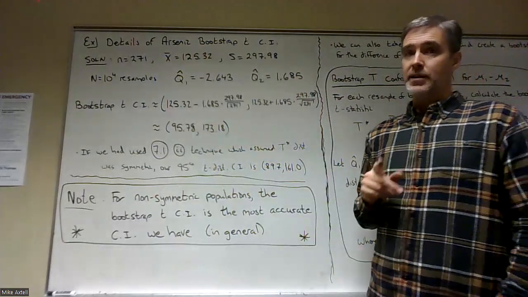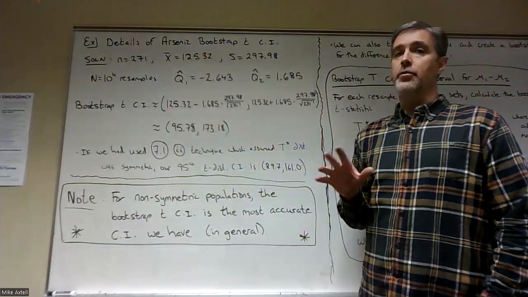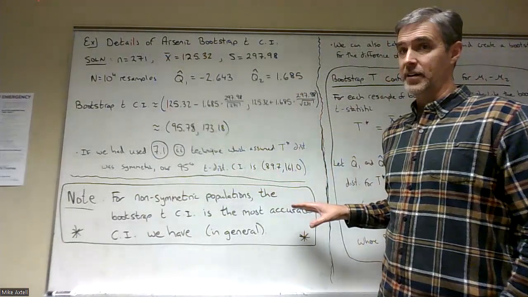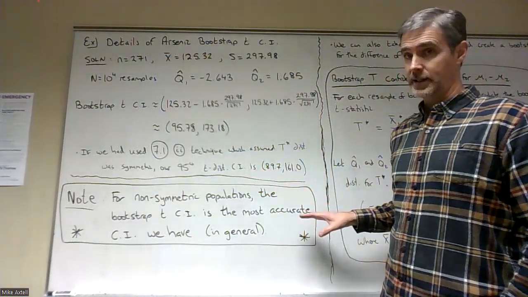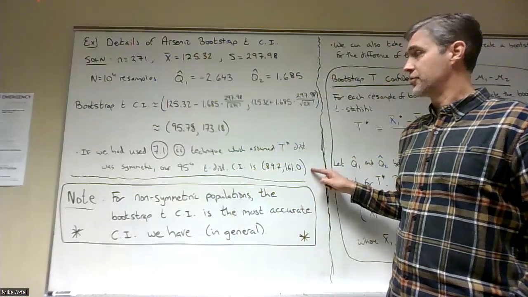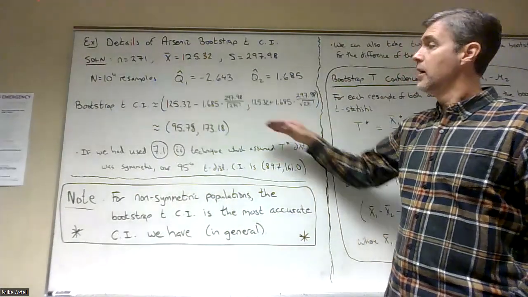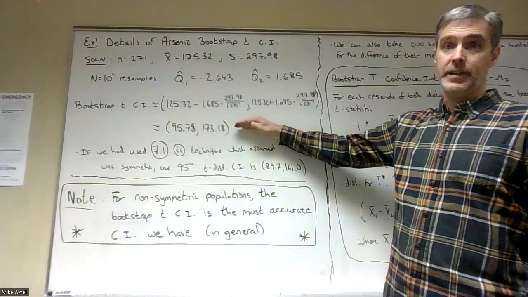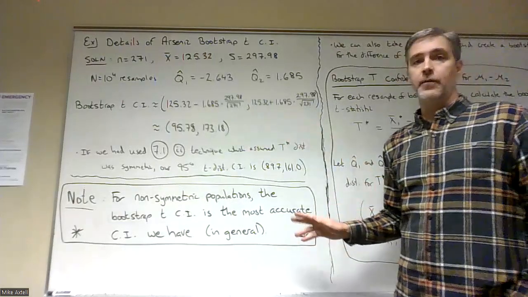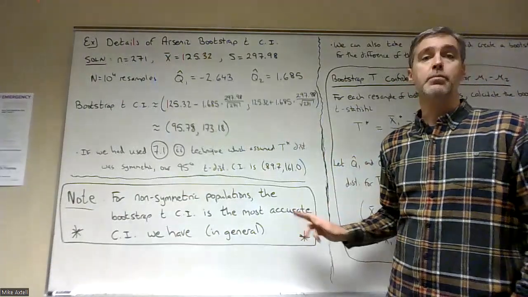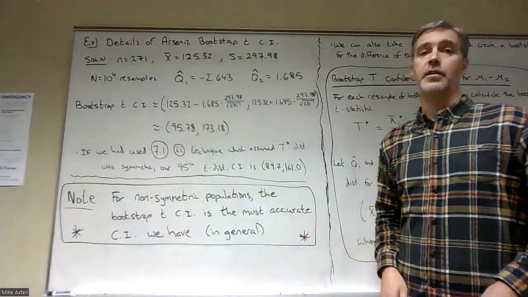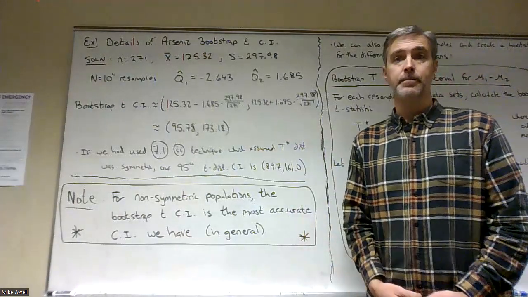And that makes some sense because if you recall, our arsenic data was really right-tailed, so it was skewed right, and the T distribution is not picking up on that skewness, but the bootstrap distribution is. Okay. So the take-home is that for non-symmetric populations, the bootstrap T confidence interval is the most accurate confidence interval we have in general. Okay.